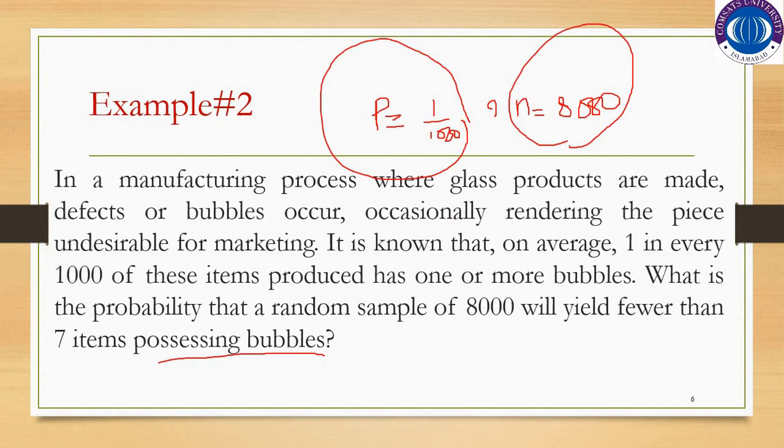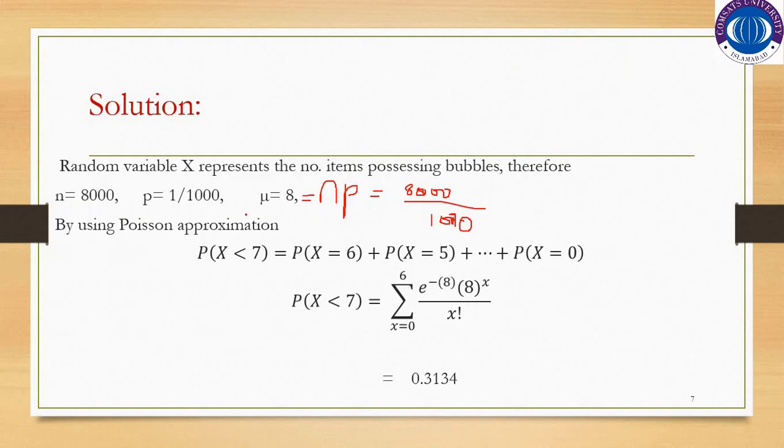As they are asking to find the probability that fewer than 7 items possess the bubbles, it means probability x will be less than 7, as x represents the number of items possessing the bubbles. 7 will not be included in the scenario because they are asking fewer than 7 items. So it will start from probability x is equal to 6 plus probability x is equal to 5 and so on.